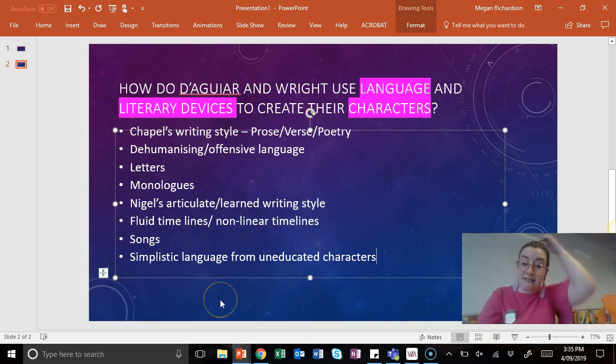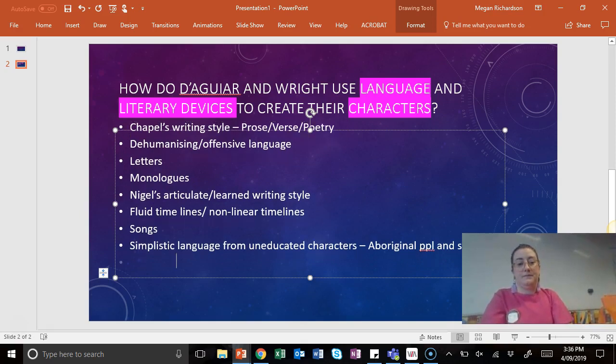So, simplistic language from uneducated characters. Like when we have Grandad where he says, I can't write nothing. Yeah? It's anything, not nothing. Yep.